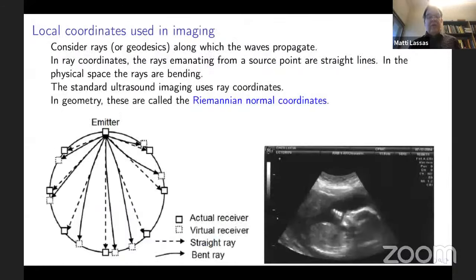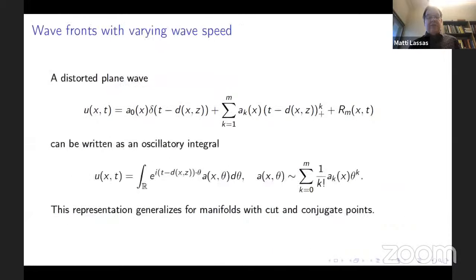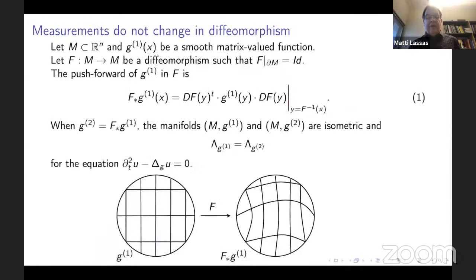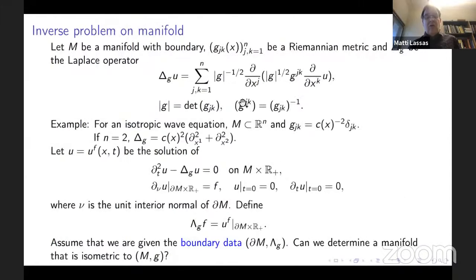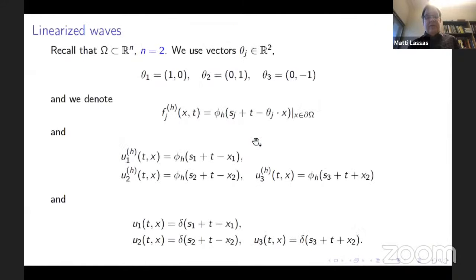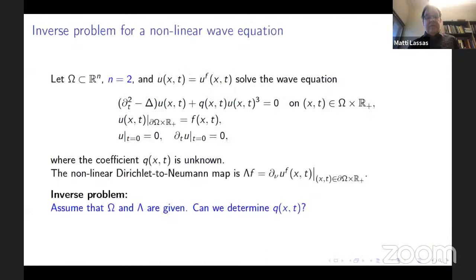Sorry, do you mean for the linear wave equation, or for the nonlinear one? For the nonlinear type, like box plus q u cube. Yes. When you consider the finite time cylinder, t can vary up to, say, capital T. So do you need the final time measurements?